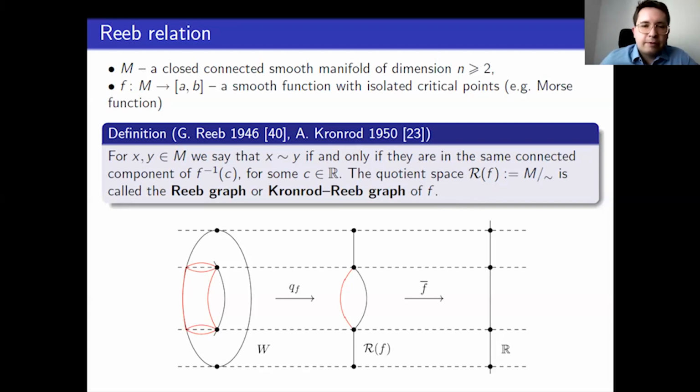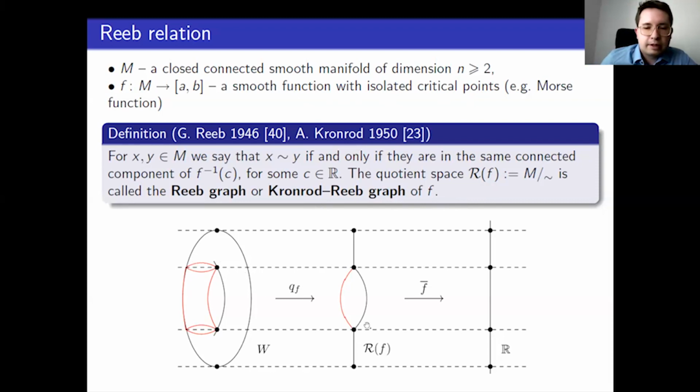For such a function with isolated critical points, this is in fact a finite graph, so a one-dimensional finite CW complex, and its vertices correspond to connected components of level sets containing critical points.